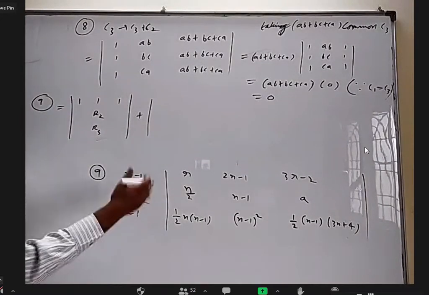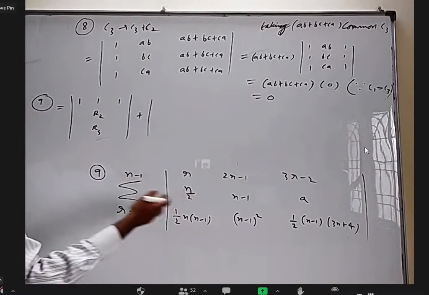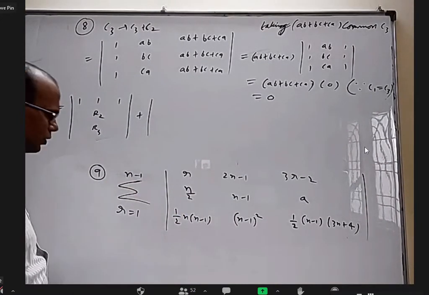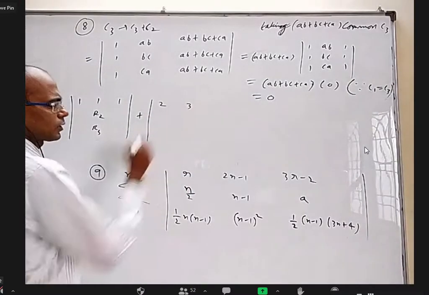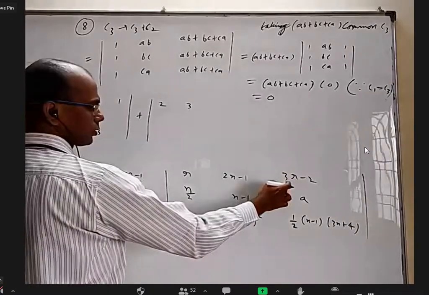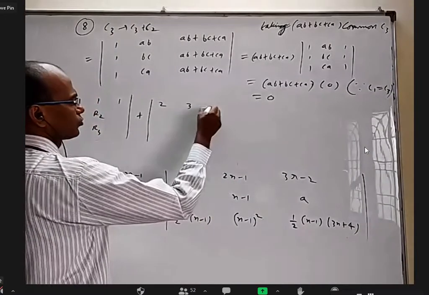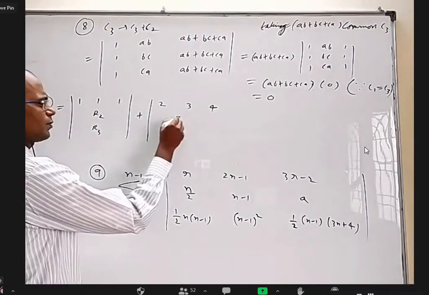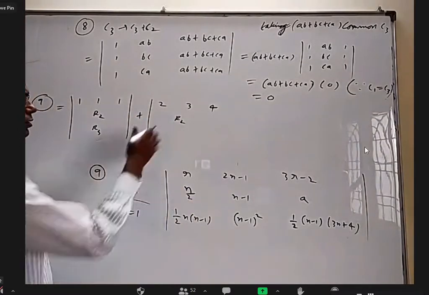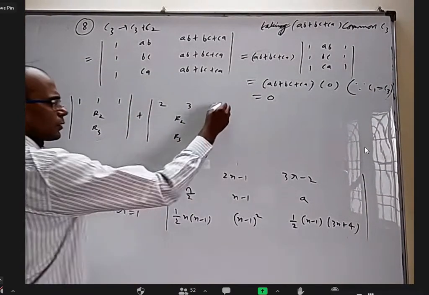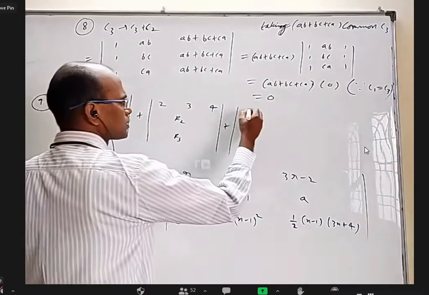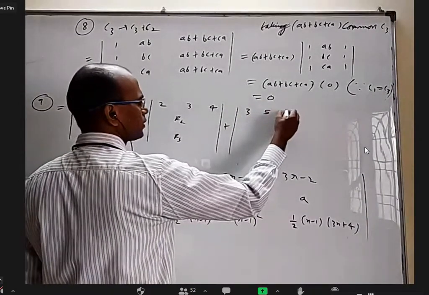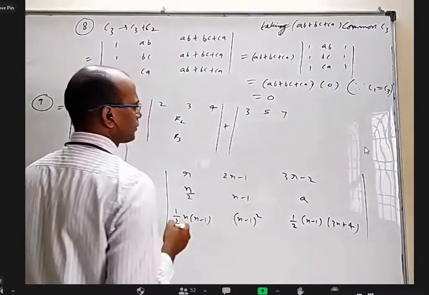You know, sigma means sum of many things. One time R equal to 1, one time R equal to 2, one time R equal to 3. When I put R equal to 2, this will become 2, this will become 3, this will become 6 minus 2, 4. And same second row, I don't have enough place to write, so I am writing like this, nothing wrong, this is R. When I put R equal to 3, this is 3, this is 5, and this is 9 minus 2, 7.